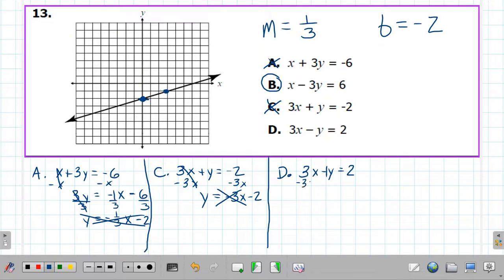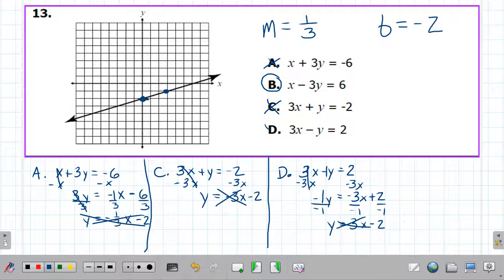So if we subtract 3x, we get -1y is equal to -3x plus 2. Divide by -1. So we get y is equal to negative over negative is a positive 3x. Positive 2 over -1 is a -2. Once again, we get the -2 as the y-intercept, but the slope is still off.